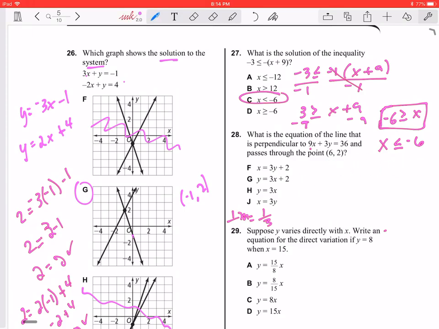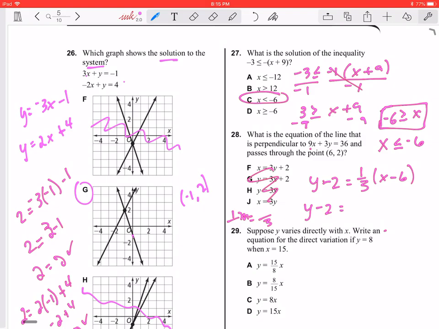Wait. y minus y1. y minus 6 is equal to 1/3 times x minus 2. Yeah, none of these answer choices are correct. Because when we distribute this, I switched these, that should be minus 2, and this should be minus 6.